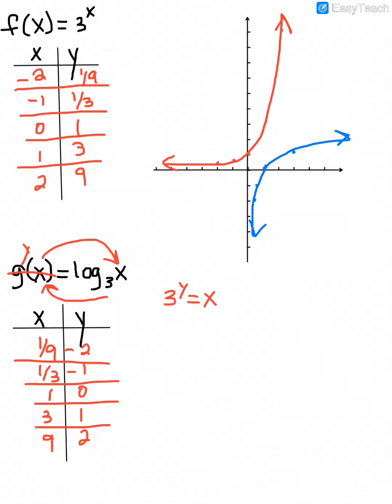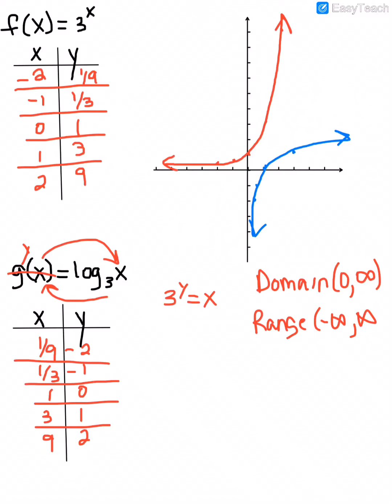So the domain starts at 0, but 0 is not included, and it goes to positive infinity. And then the range, it's going down, and then this is rising up, even though it's not rising very quickly. So my range is from negative to positive infinity.